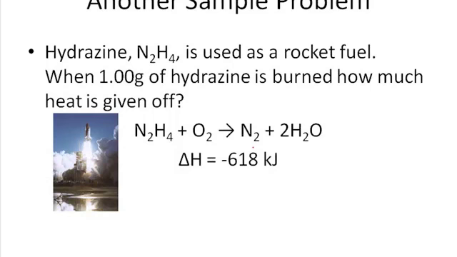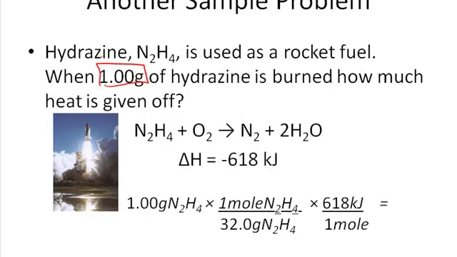But since I'm only dealing with 1 gram of hydrazine, how much energy will be given off? So we set it up this way, again, 1 mole, and we get 19.3 kilojoules released.